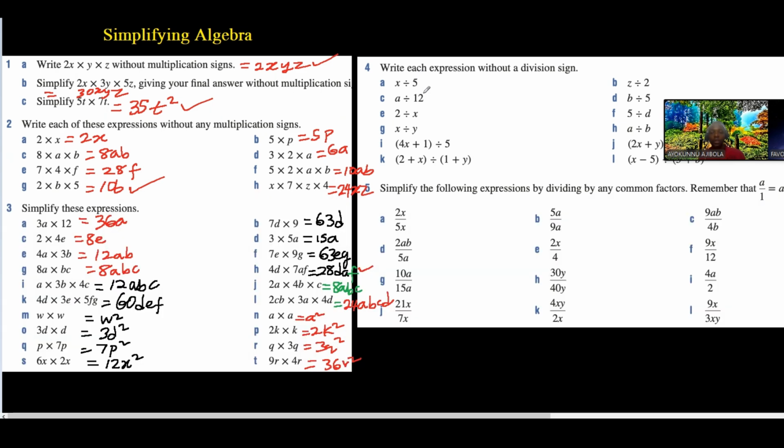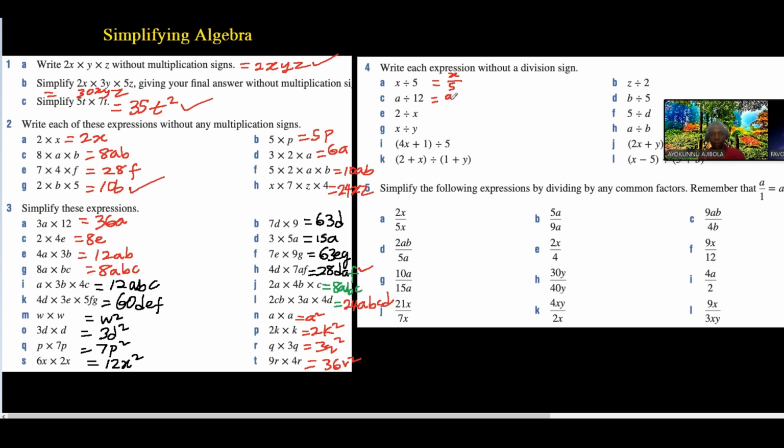Write each expression without the division sign. Well, without the division sign, just put it in fraction, okay? That's going to be x over 5 for this one.